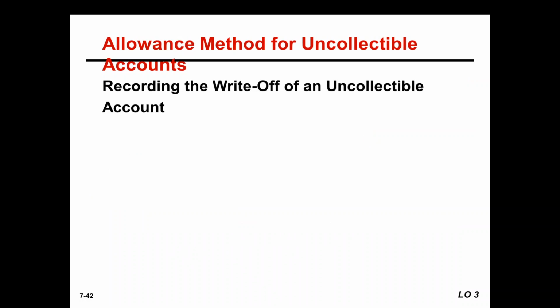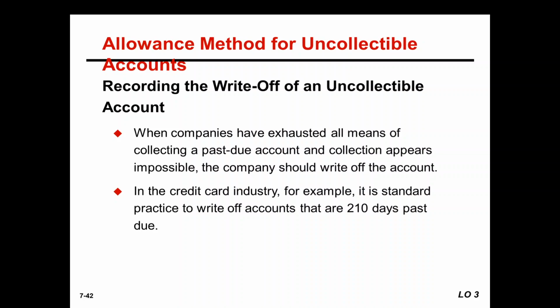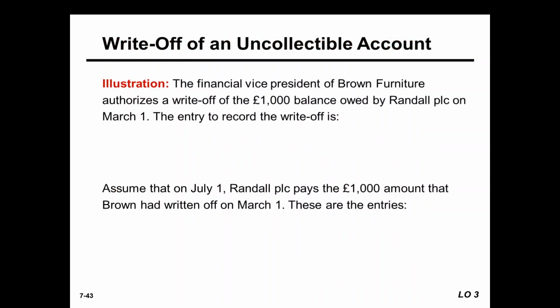And how do we record the write-off of an uncollectible account? The write-off can only be made with this method when the company has used all the means to collect the accounts receivable. This is the example.